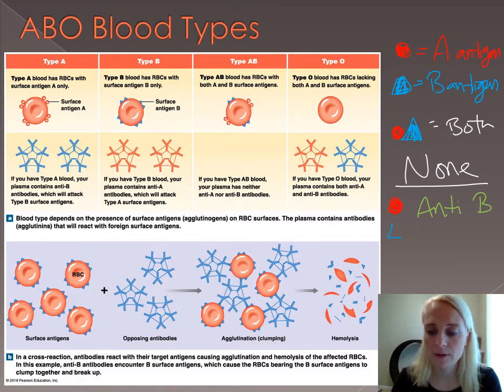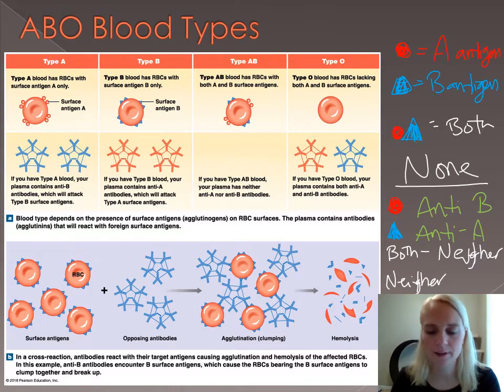If you have the B antigen, you will have anti-A antibodies. If you have both antigens, you will have neither. If you have neither antigen, you're going to have both antibodies.